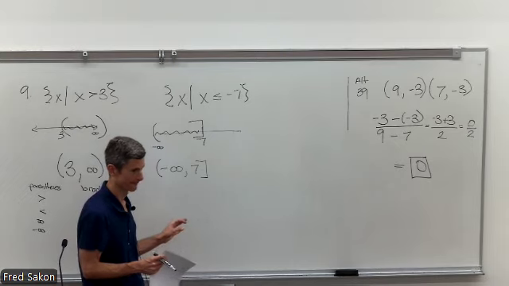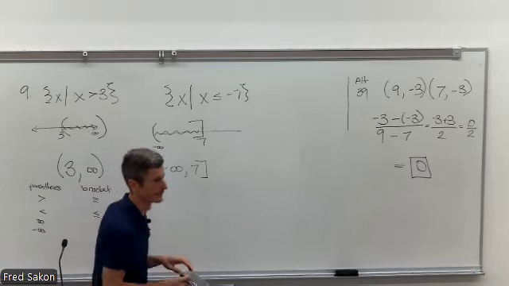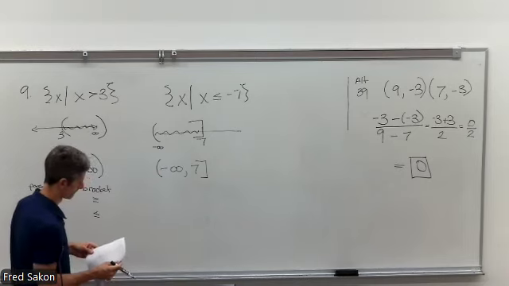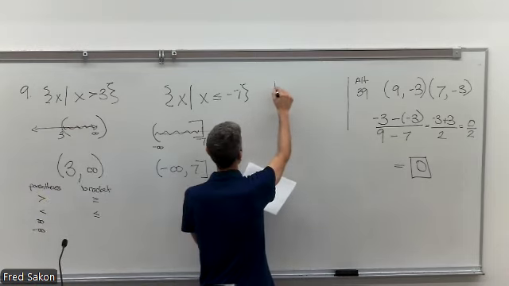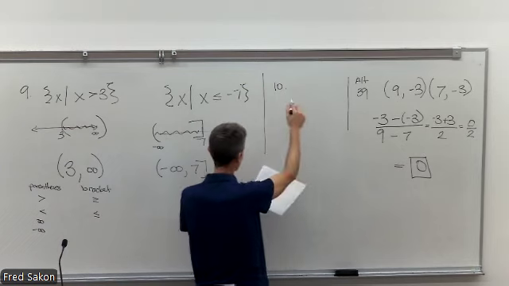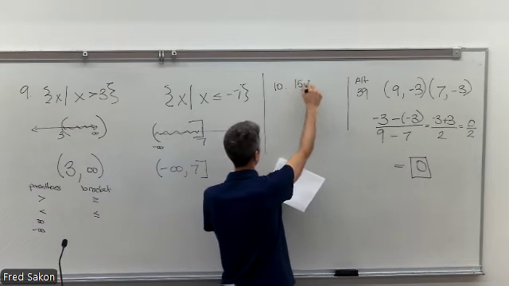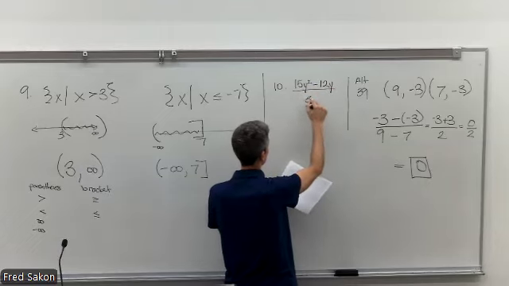Bracket. Yep. 10, where we are dividing 15y squared minus 12y, all with 3y.